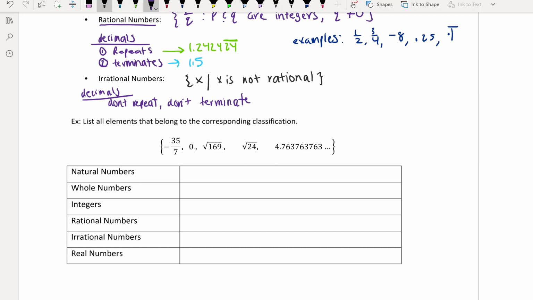So, for example, a number that does not repeat and does not terminate is pi.